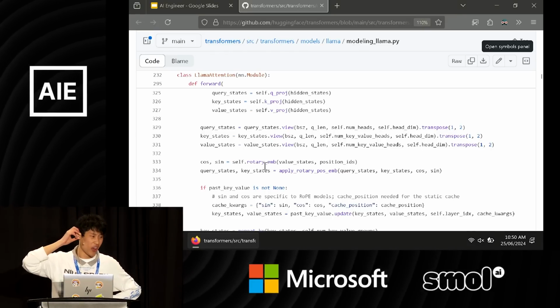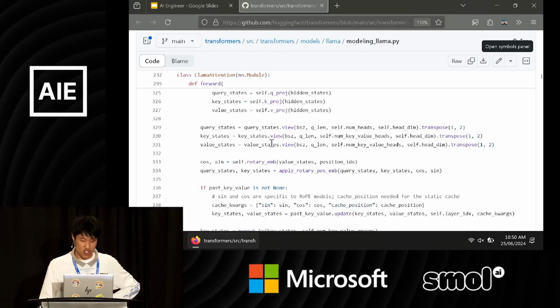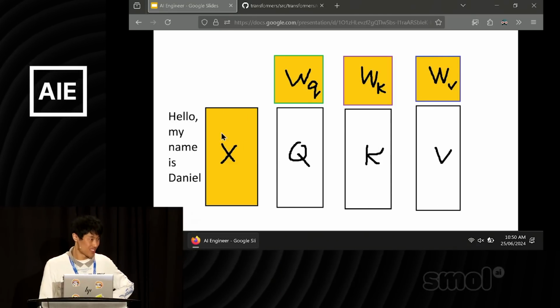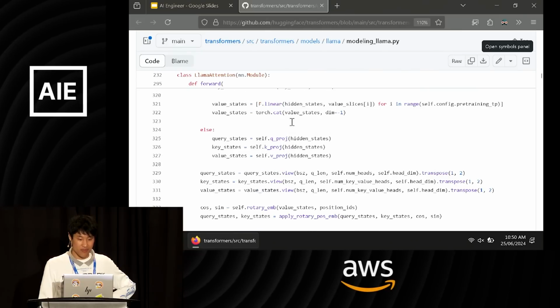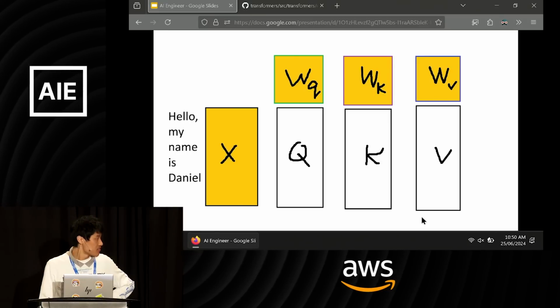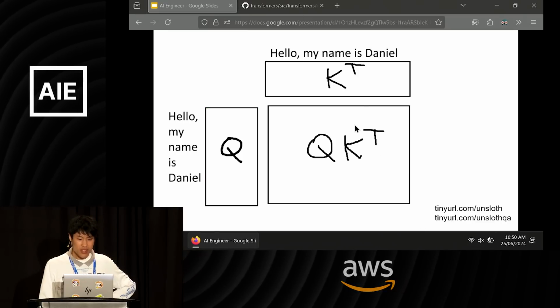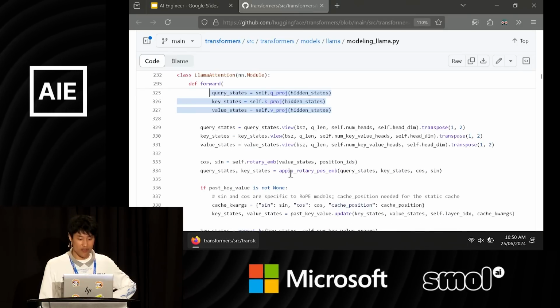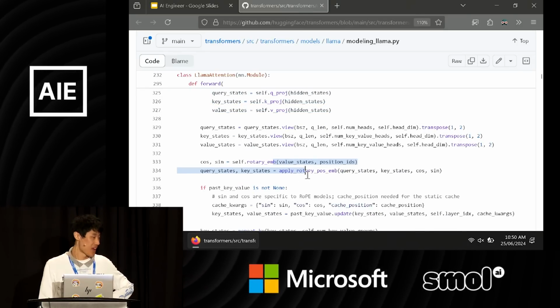That is actually kind of annoying. I do agree this is very annoying. But just assume it is this. That's all we're trying to do. These 3 lines do this, and then we want to do QK transpose. Oh, you have to apply the rope embedding. Don't forget to apply the rope embedding.